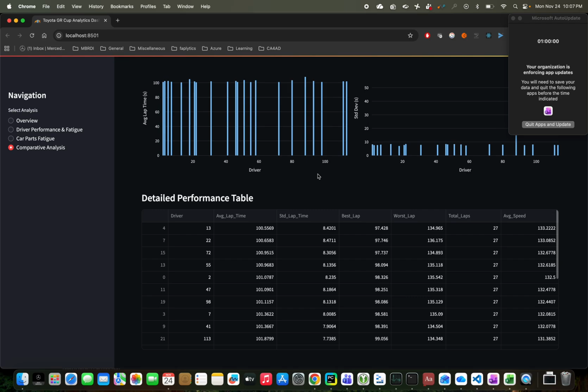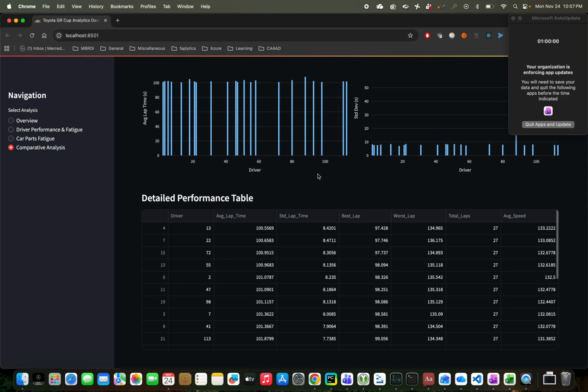So this dashboard is specifically designed to analyze the Toyota GR Cup racing data. We have built this using Python, Streamlit, and Plotly, which handles millions of data points. This also provides real-time driver fatigue and physics-based component wear analysis.